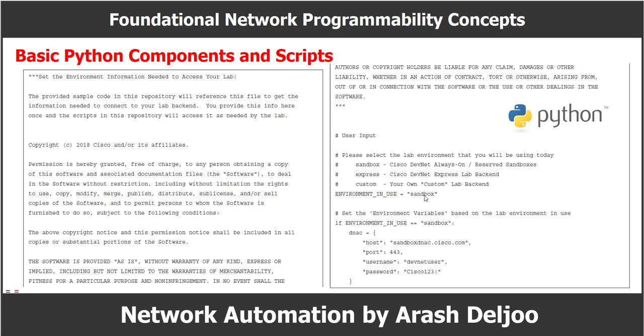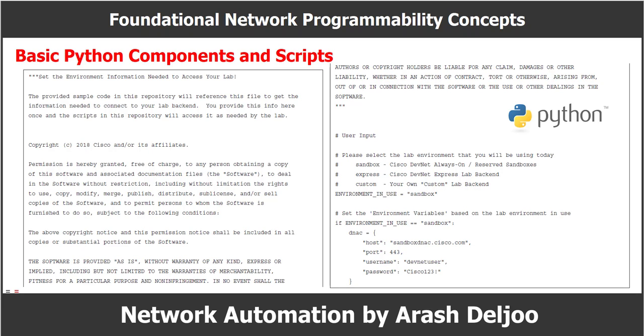Also, notice that the line environment in use equals sandbox is used in this script. Following that line in the script is a line that states if environment in use equals sandbox. This is called the condition, okay, as you can see. A logical if question is asked, and depending on the answer, an action happens.